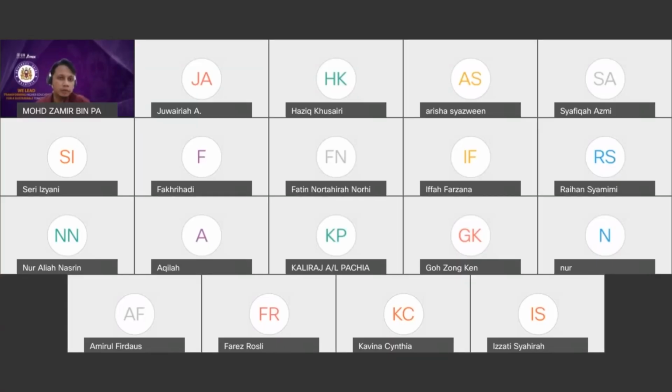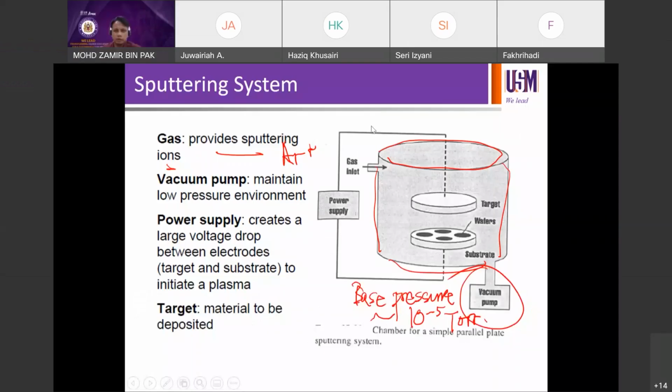Hold on. Yeah, line looks okay, but there was an internet problem notification earlier. Okay, let me just share again. If there's a problem, just type in the chat box so that I know what's going on.